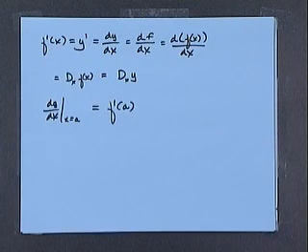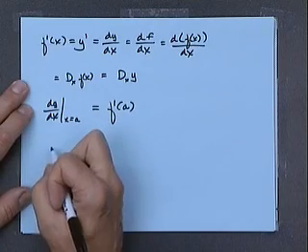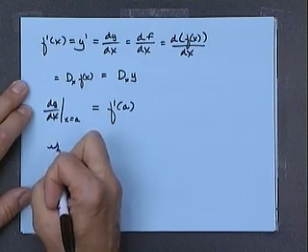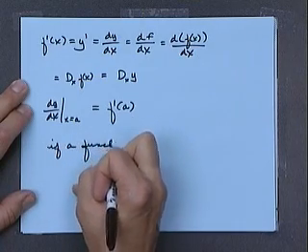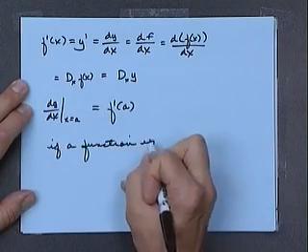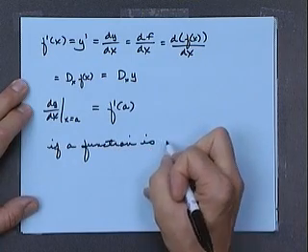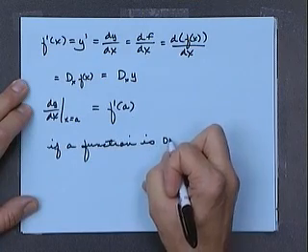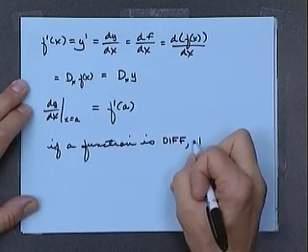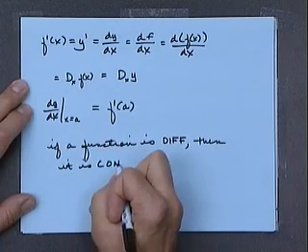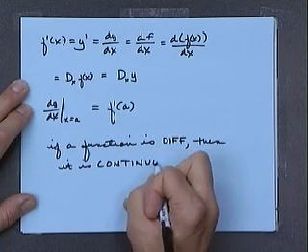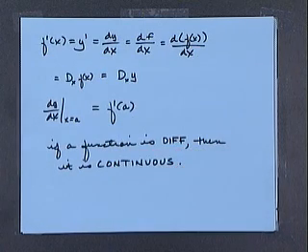All right, last thing today. If a function is differentiable, the only way that it could be differentiable is that it actually had points at all the different x values.